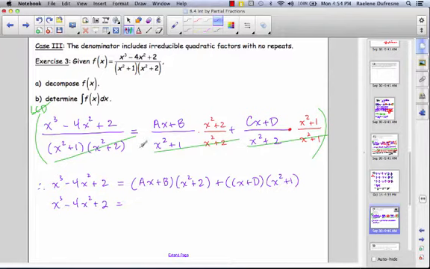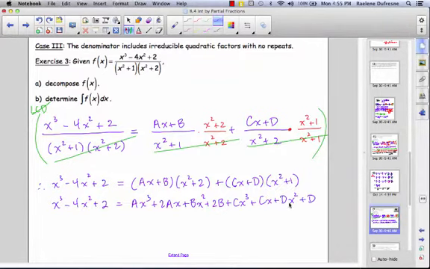So when we expand here, we get ax cubed plus 2ax plus bx squared plus 2b plus cx cubed plus cx plus dx squared plus d.